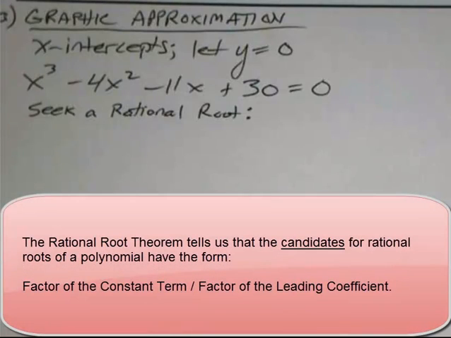The rational root theorem is telling us that the candidates for rational roots of a polynomial having all integer coefficients are those numbers which can be created by using a numerator which is a factor of the constant term and a denominator which is a factor of the leading coefficient. Why don't we try that here?